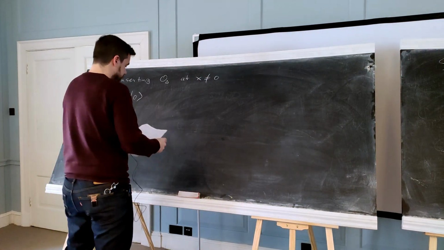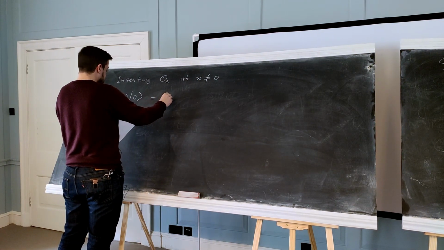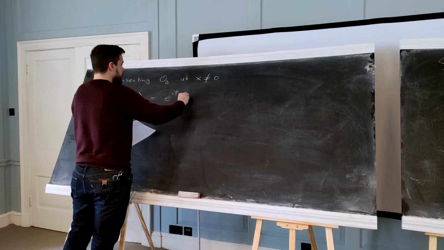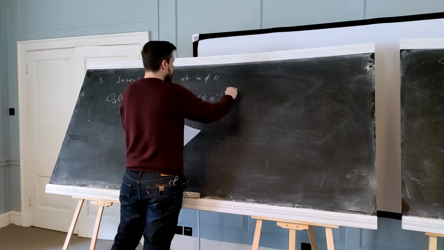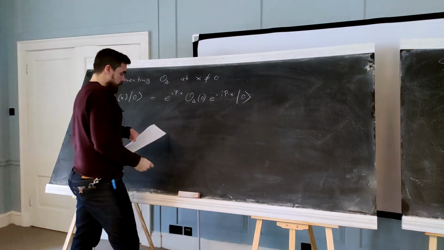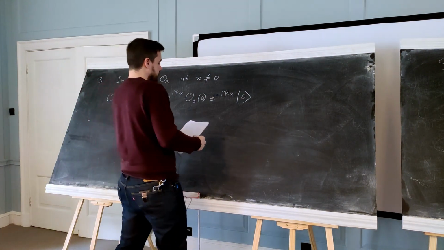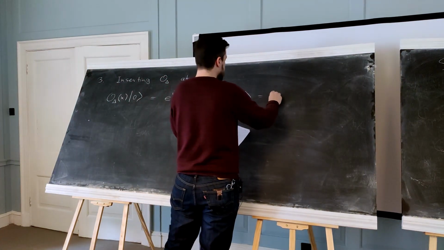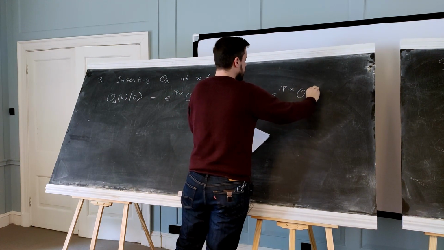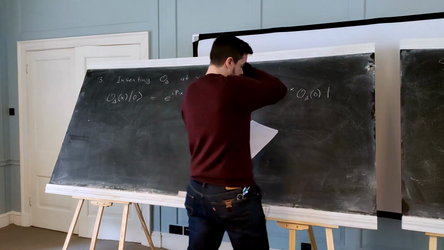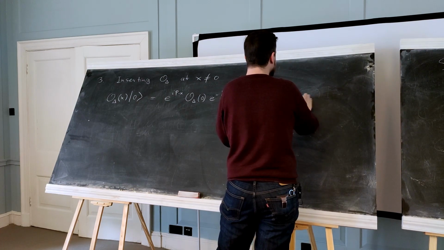And that, we know what this O delta of x is. It is e to the i p dot x O delta at 0, e to the minus i p dot x on the vacuum. And this will be just e to the i p dot x, since that's the vacuum. Sorry, on this state delta, basically.